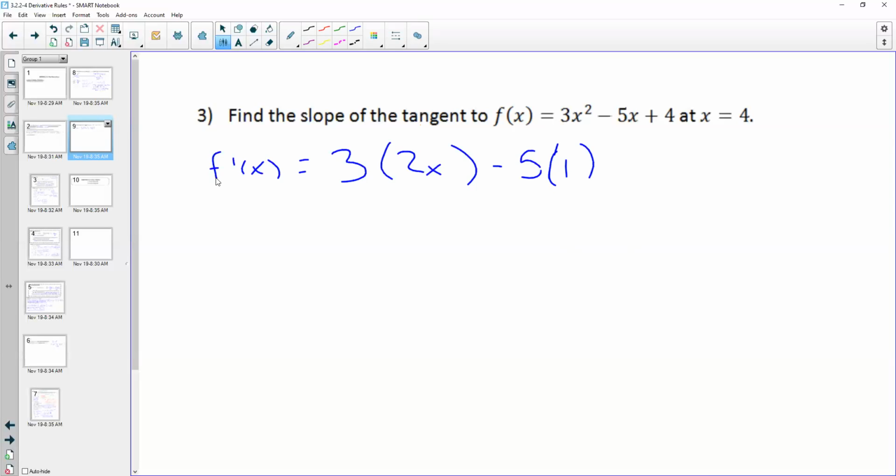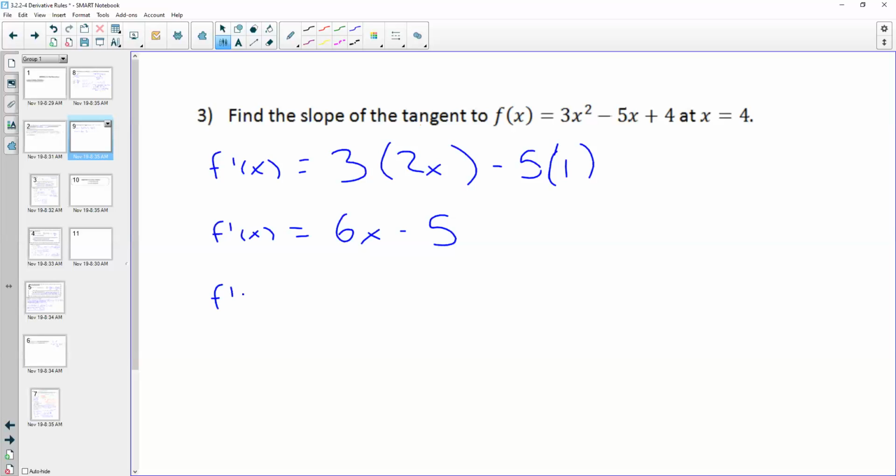Okay, so we can simplify this. So 6x minus 5 is f prime of x. So there is the general slope of our tangent. Now we are interested in the slope of the tangent at x equals 4.